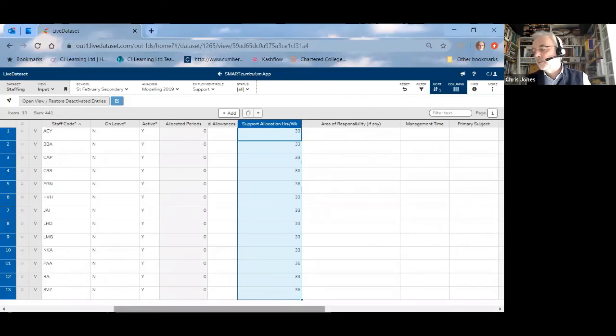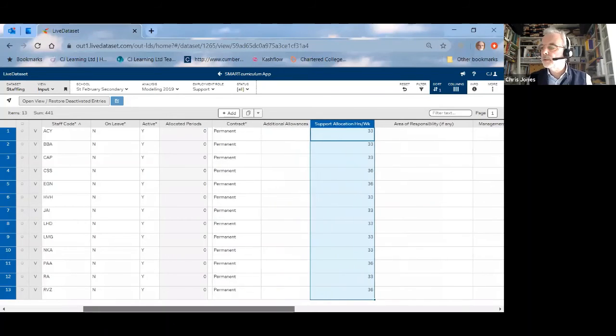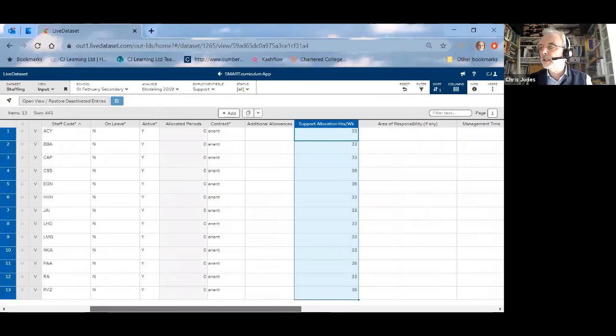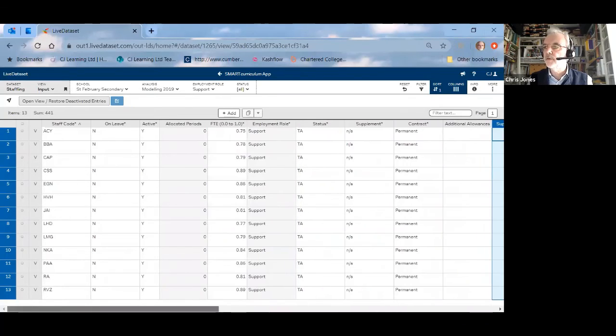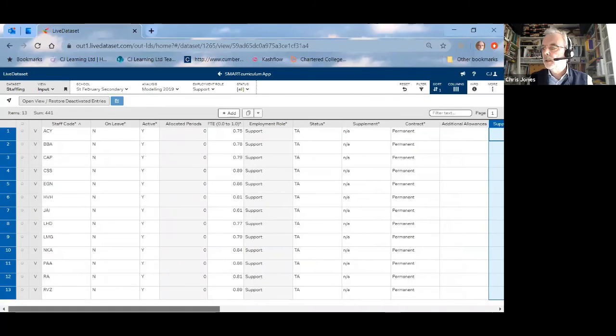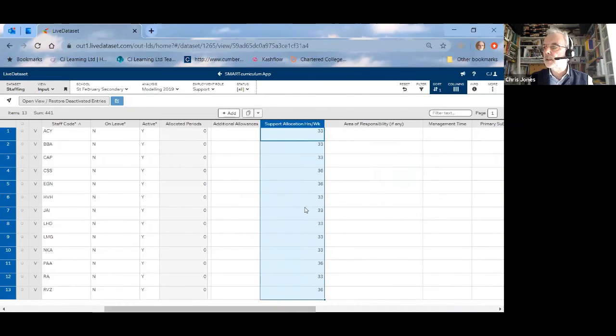Now, we are doing some work on this in terms of making it easier to handle the non-teaching staff FTE. So you will see in the next update there will be hours per week and contract hours per year come through, so that we can add that. I'll just add that as an aside.